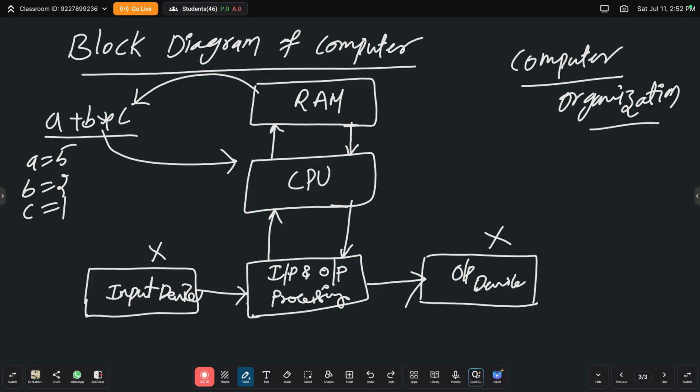Next, computer design. The next definition is computer design. After understanding the block diagram, you can easily understand the definition. Computer design is concerned with the hardware design of the computer.